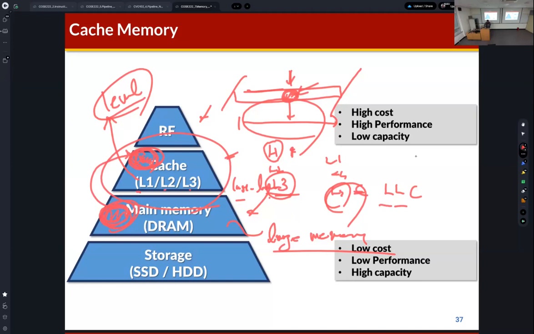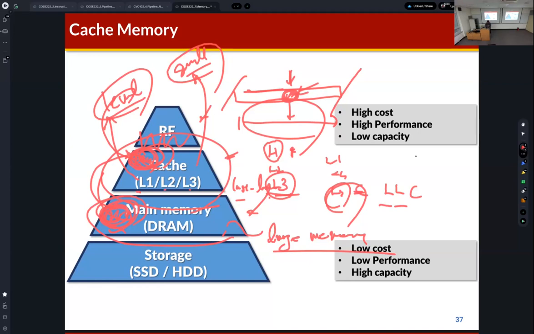It's a small but fast memory. Because the size of the cache is small, we cannot store the entire data of the DRAM, but we can store a part of the data in the cache, and this data will be frequently accessed. This is the purpose of the cache.